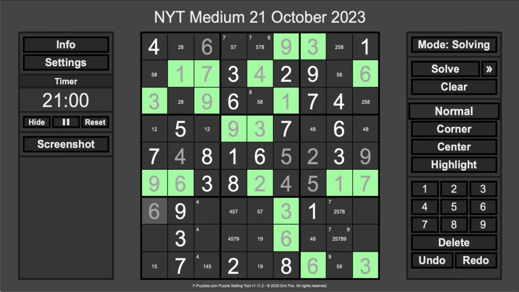I've got 3, 4, 6, 7, 9 in column 1. I need 1, 2, 5, and 8. Well, that's anything. It's got everything, nothing looking at it.